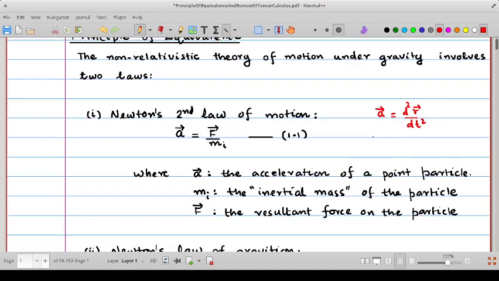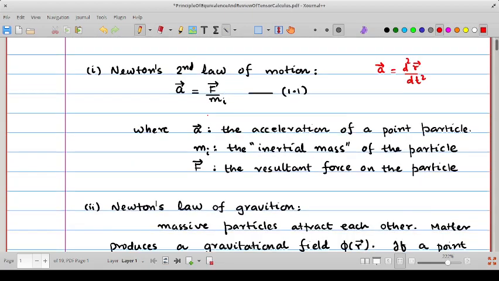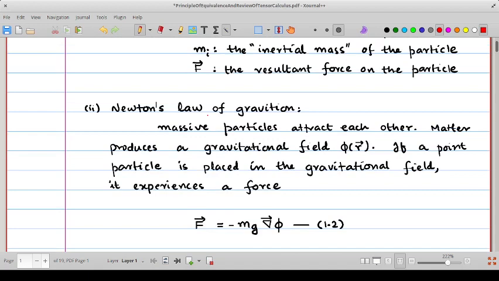Now, the second part of the theory of gravity involves the origin of this force because of the presence of material particles. And that is given by Newton's law of gravitation, which says that massive particles attract each other. In terms of gravitational fields, one would say that matter produces a gravitational field, denoted by the symbol phi of r.